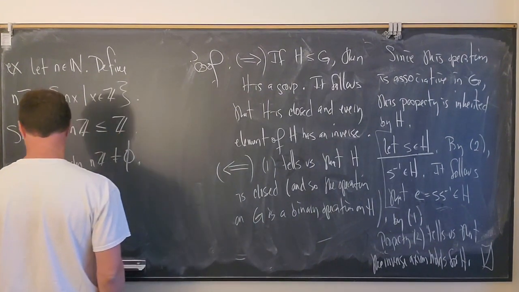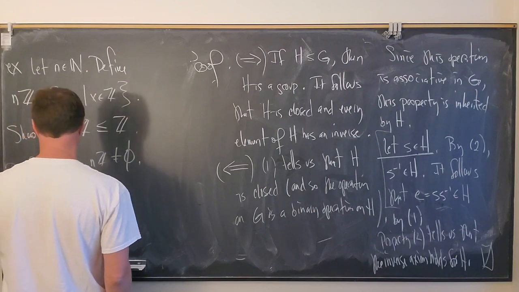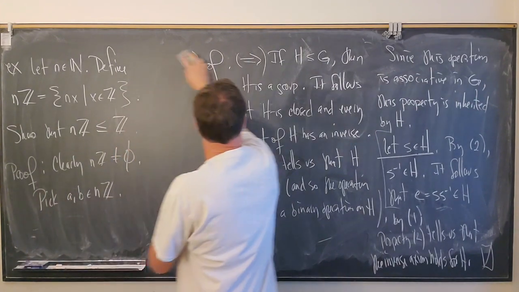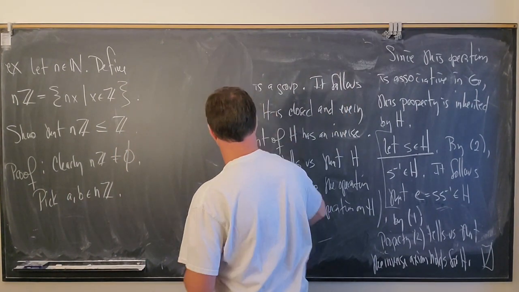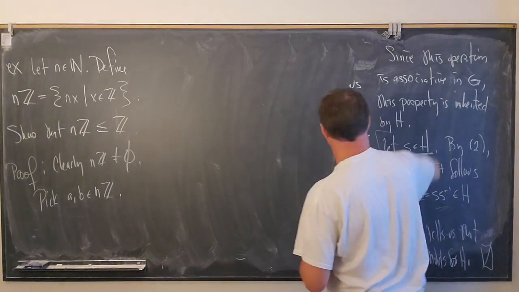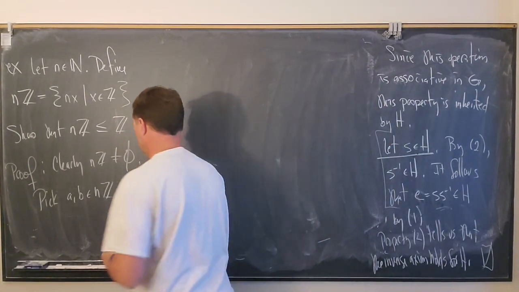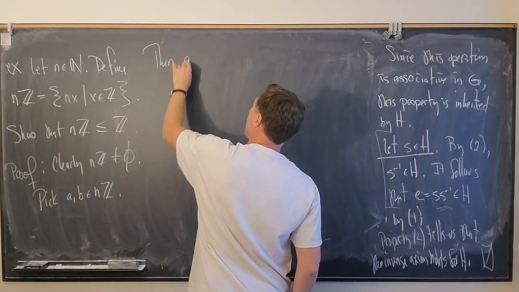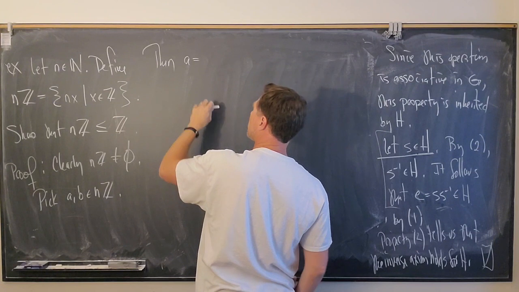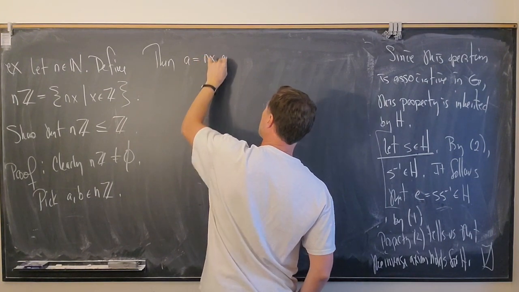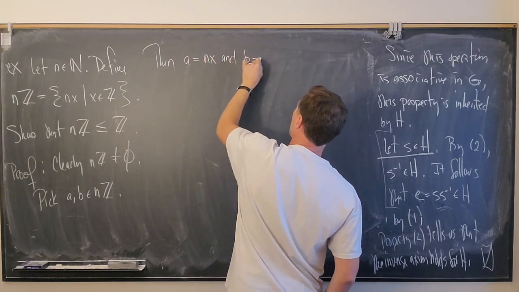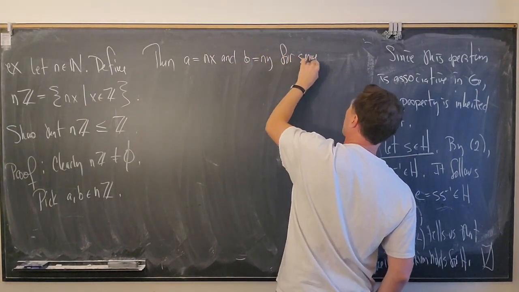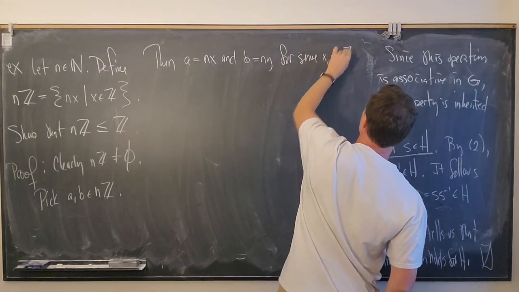So let's pick, how about little a and little b in nZ? Then, okay, what does that mean? It means that a is some multiple of n, so let's say a equals nx. Same for b. b equals n times y for some x and y in Z.